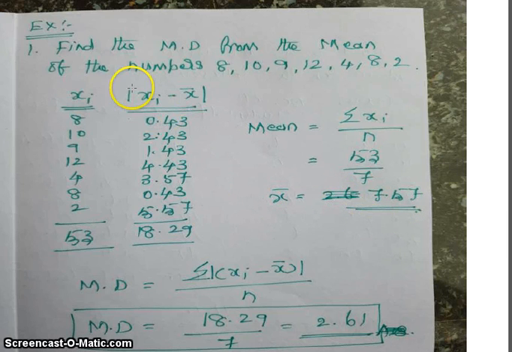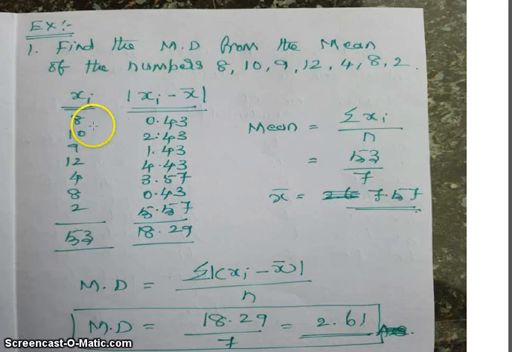Now you have to calculate the absolute values of xi minus x bar. Xi is given here, x bar is 7.57. Now calculate the absolute value of xi minus x bar for each x value.